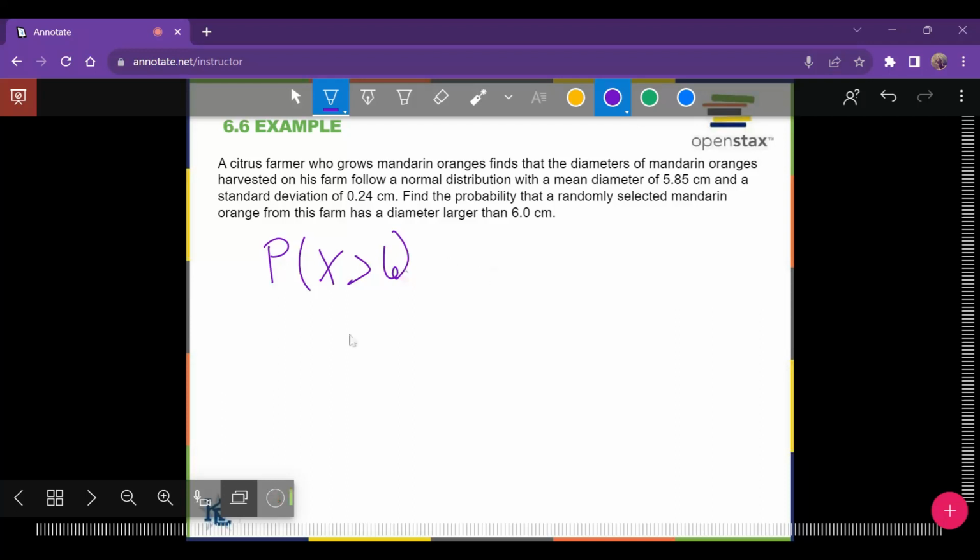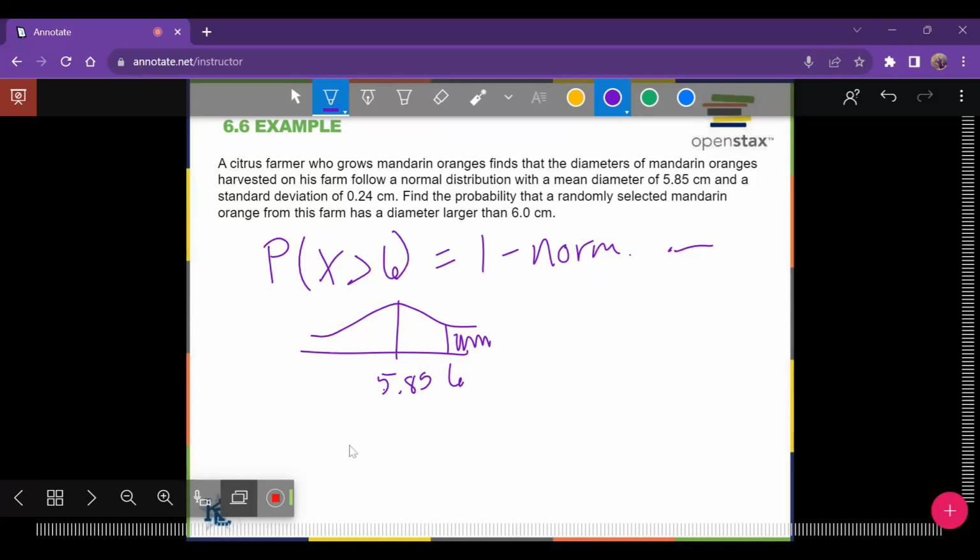So if we did our picture here, we have 5.85, then we have 6, and we're talking about greater than. So remember, we need to do 1 minus the normal distribution command. So that's what we're going to do here in Excel.